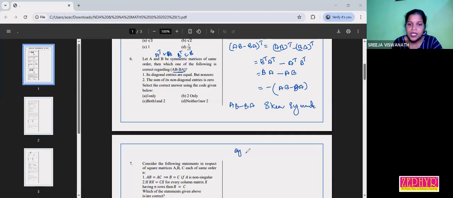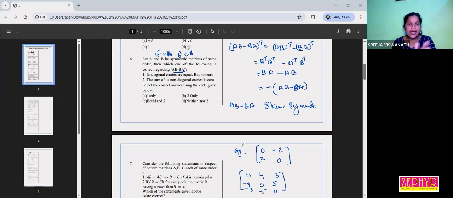For example, take 0, -2, 2, 0. It's a skew symmetric matrix. And like 0, 4, 3, -4, 0, 5, -3, -5, 0. It's also a skew symmetric matrix. The diagonal element is always 0 for skew symmetric. So diagonal element non-zero means the statement is false.